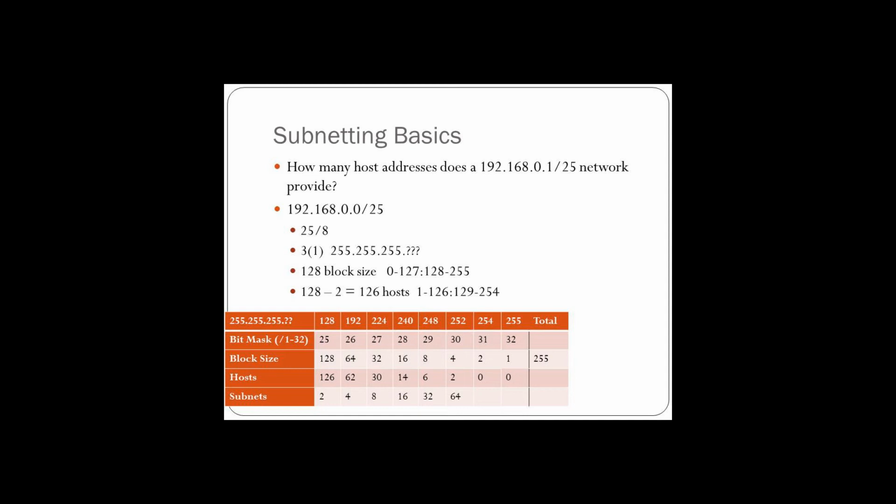Once you have a block size, subtract 2 and you will have your host block of IP addresses per network, starting with 1 through 126 for the first subnet and 129 through 254 on the second subnet.